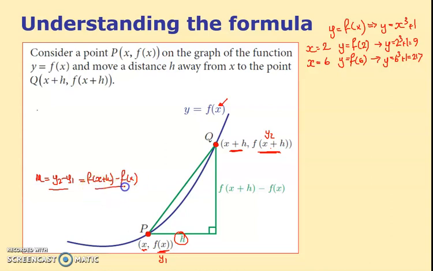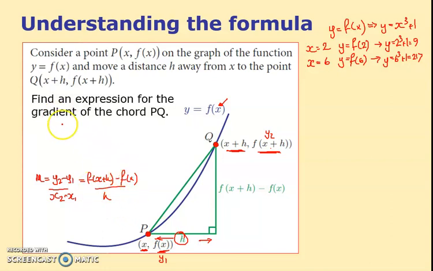But of course that's not the end of this gradient, because I've got to divide by x2 minus x1. This is slightly better, because I've got x plus h minus x, but by definition they're h apart, so you will get h. And this is the gradient of my line. This is what I wanted us to find, an expression for the gradient of the chord PQ. It may not look very nice, but that is the gradient of the chord PQ.